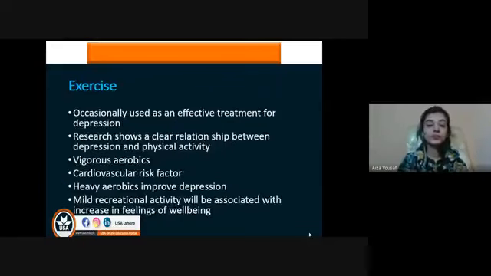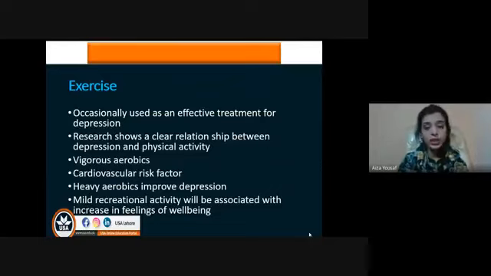Now, the last one is exercise, occasionally used as a treatment for depression. There is limited evidence on what role exercise plays in depression. That's why exercise is only occasionally, rarely used as an effective treatment for depression.